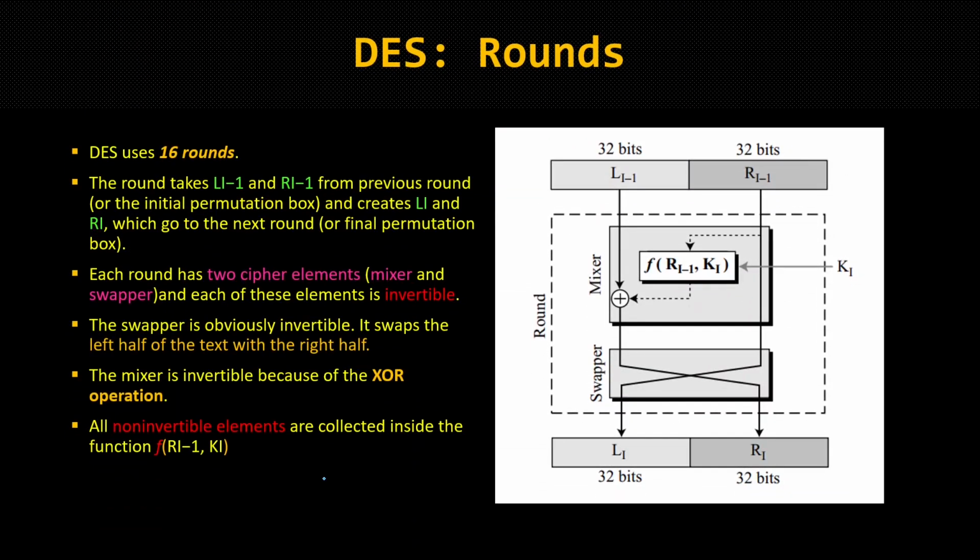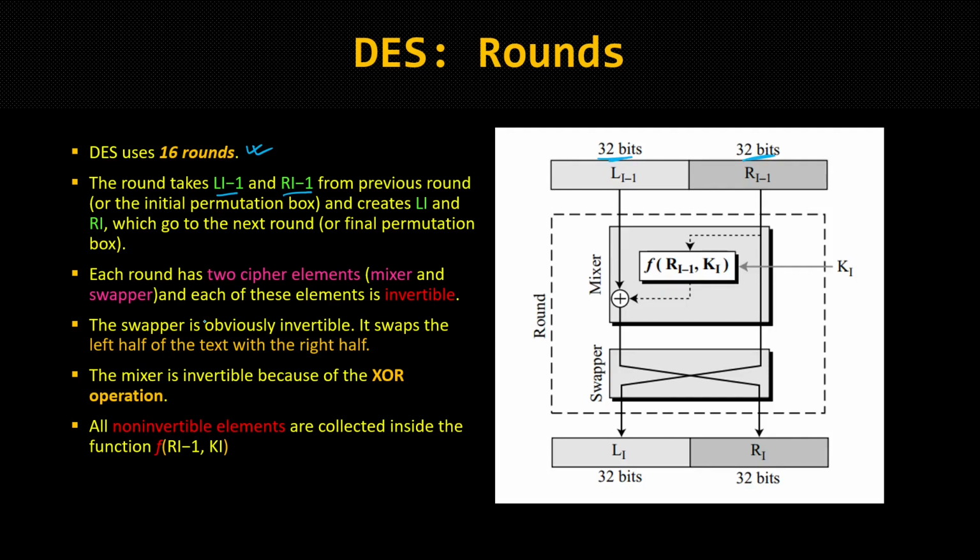Now let us move on to the next part, which is the DES rounds, the 16 rounds that we have mentioned earlier. In each DES round, it takes Li-1 and Ri-1 from the previous round or the initial permutation box. These 32 bits for each round come from the previous round.